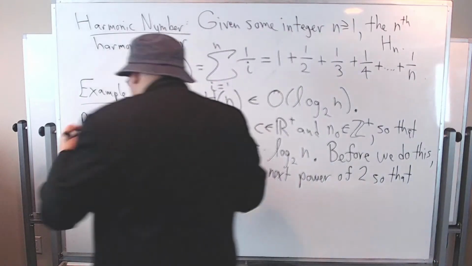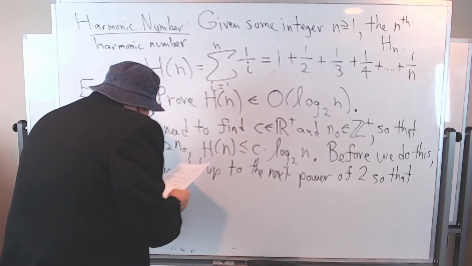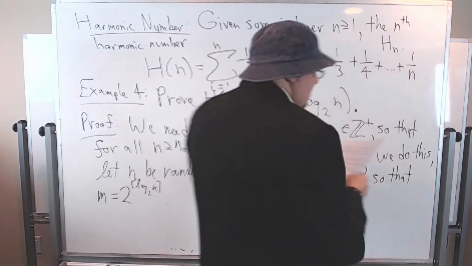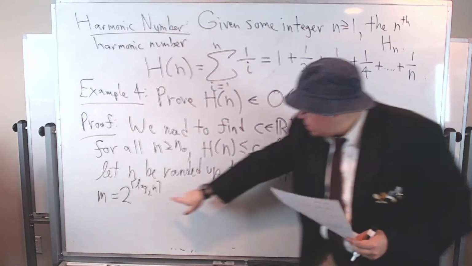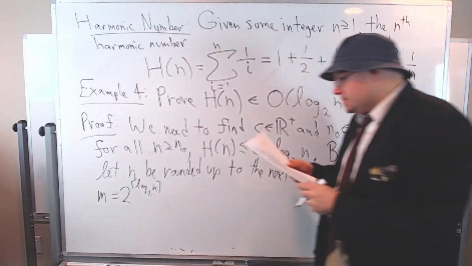So I'm going to define m. m is equal to 2 to the power of the ceiling of log base 2 of n. Remember the ceiling? It means I round up the result to the next nearest integer.